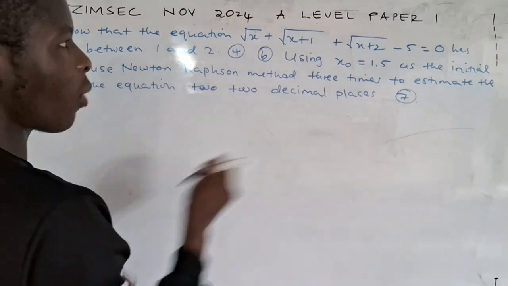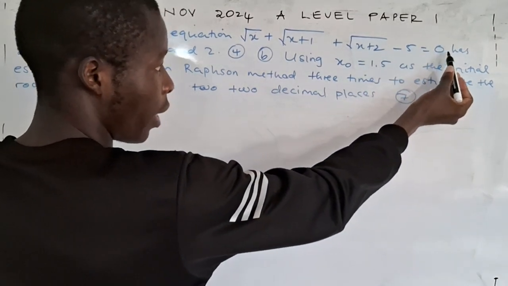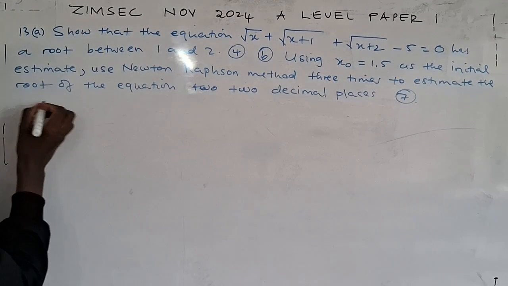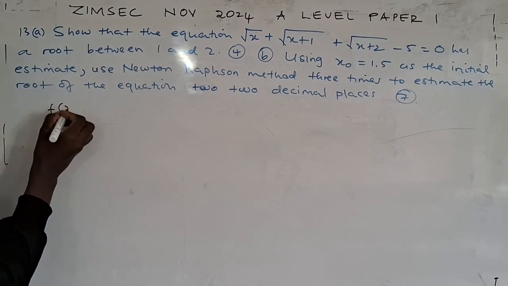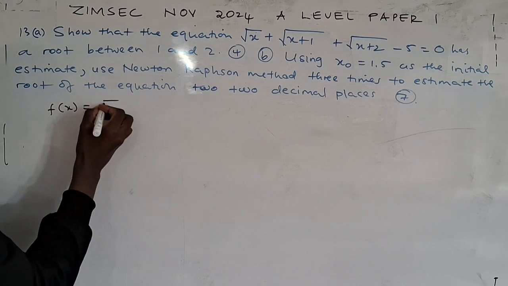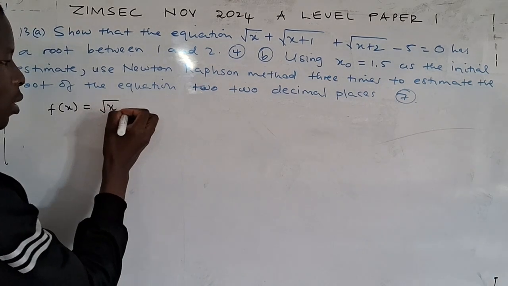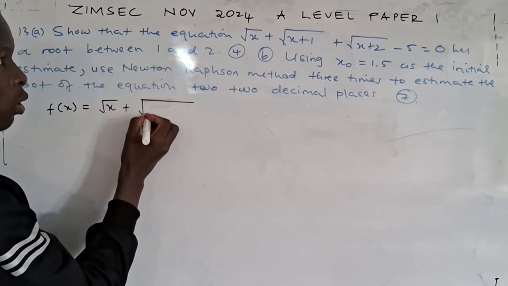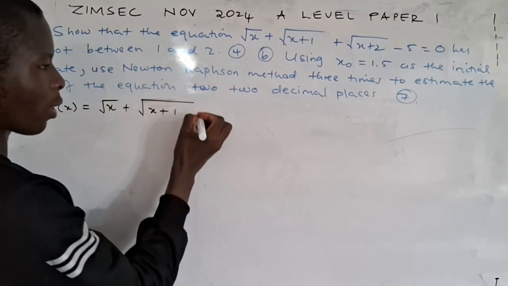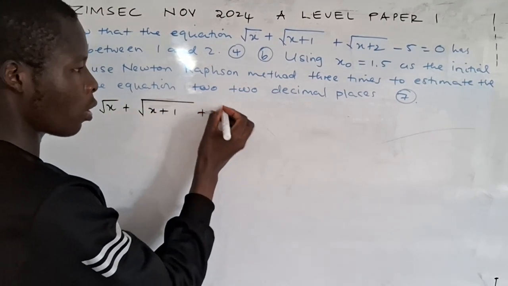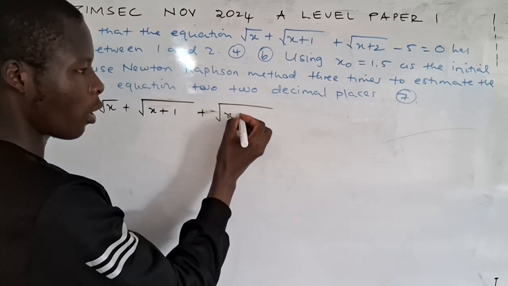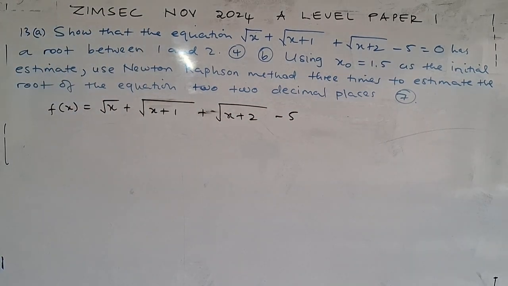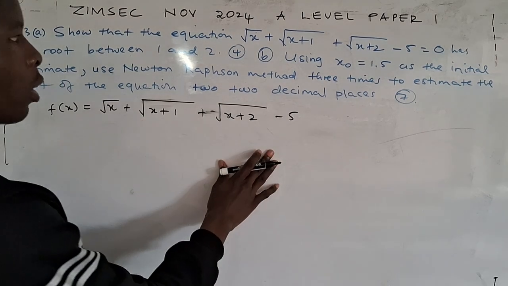Okay, now I'm going to remove this 0 and I'm going to put f of x. So let f of x be equal to root of x plus root of x plus 1 plus the square root of x plus 2 minus 5.